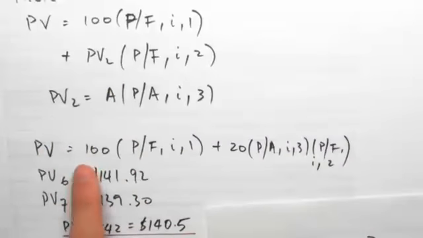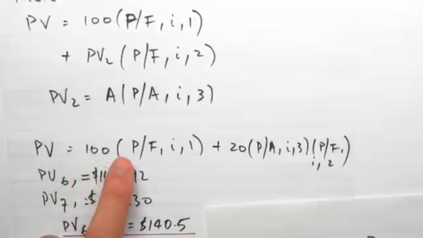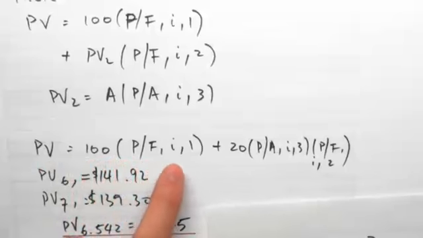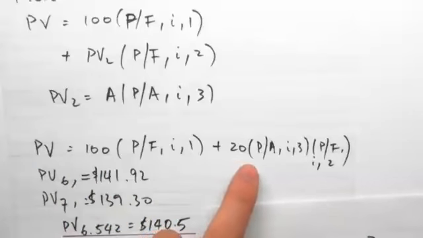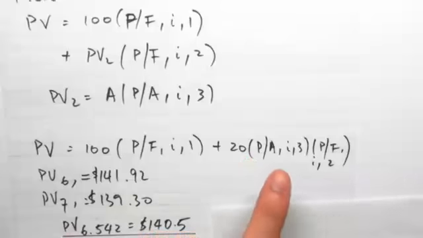So we end up with present value equals 100 times find present value given F, I, and n, plus annuity times find present value given annuity, I, and n, times find present value given F, I, and n.